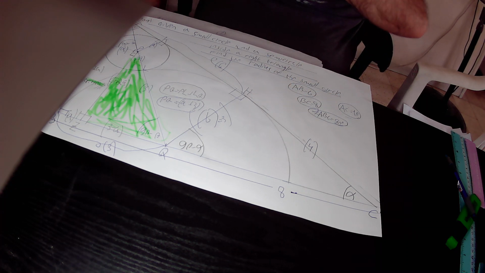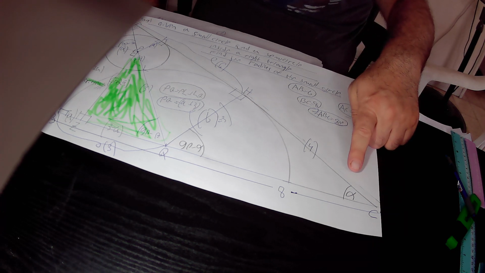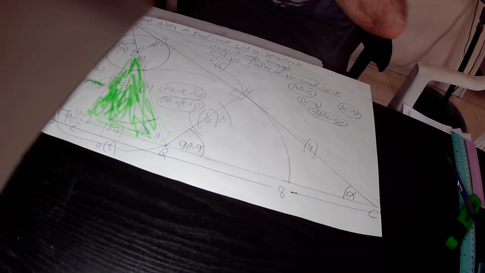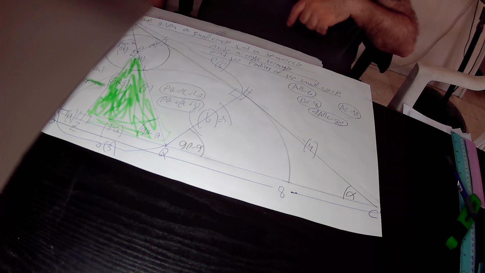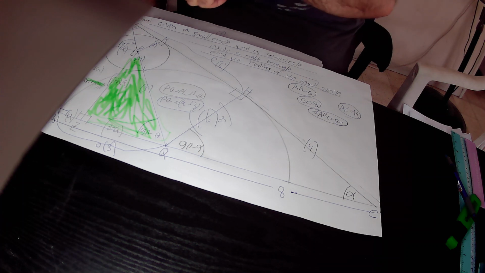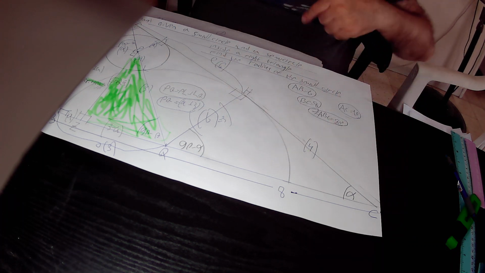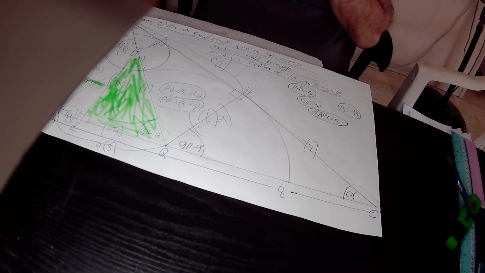Likewise, in the right triangle ABC, this angle equals alpha, this angle equals 90 degrees, therefore the third missing angle must equal 90 degrees minus alpha. In the next step, we prove that the right big triangle ABC is similar to the right small triangle HQC. Why are those two right triangles similar?